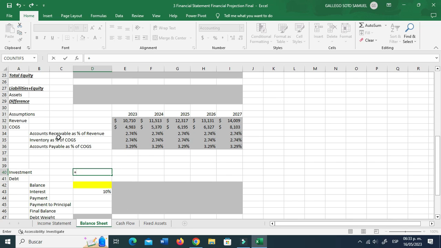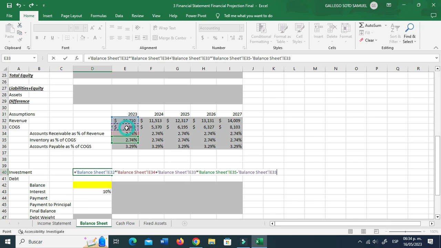Okay, so the accounts receivable, that's gonna be this times the accounts receivables plus the inventory, which is cost of goods sold, times this, minus the cost of goods sold times the accounts payable. And that's a minus because the inventory and the accounts receivables are money that we have to keep in the company ready to finance our clients.